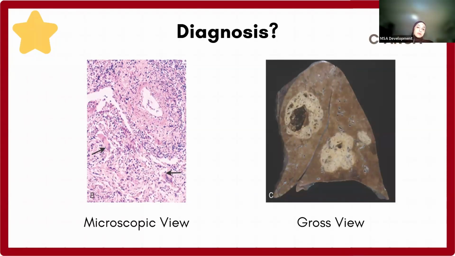The usual triad for it is acute necrotizing granulomas of the upper respiratory tract, necrotizing vasculitis affecting the small to medium vessels, and crescentic glomerulonephritis. This is the triad that highlights Wegener's granulomatosis.